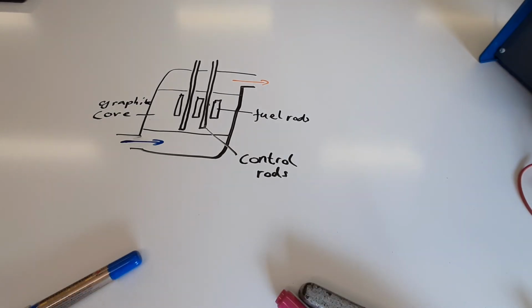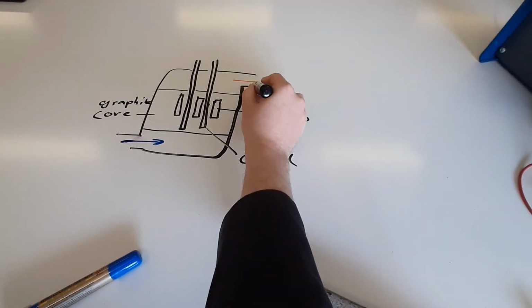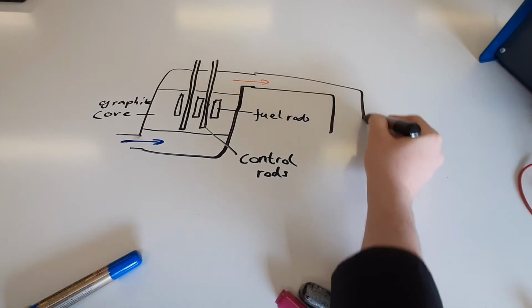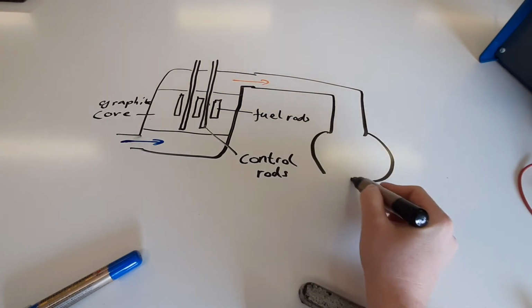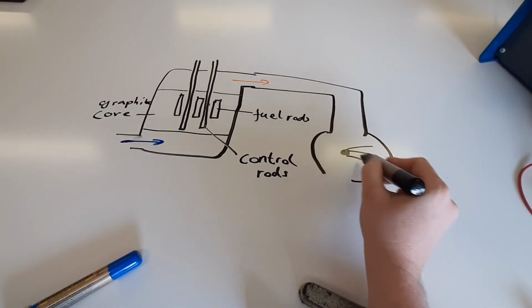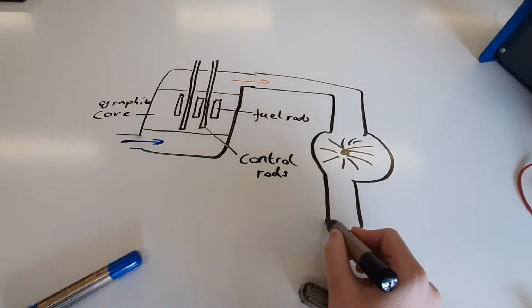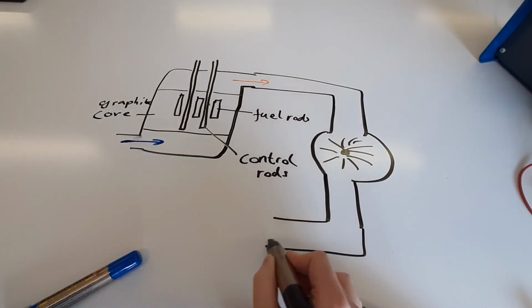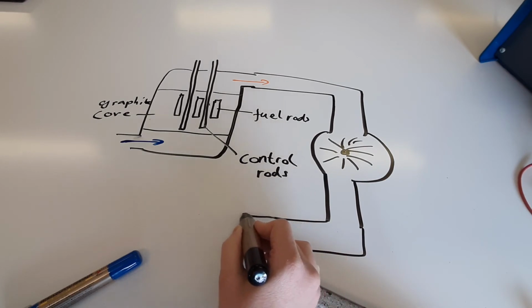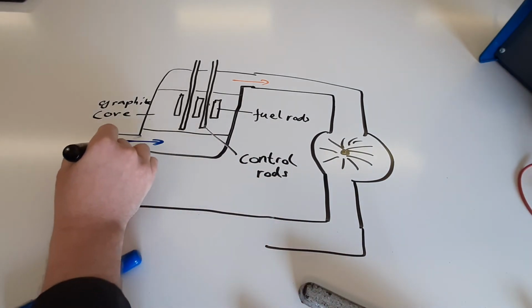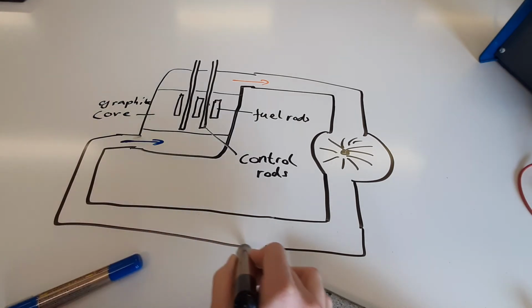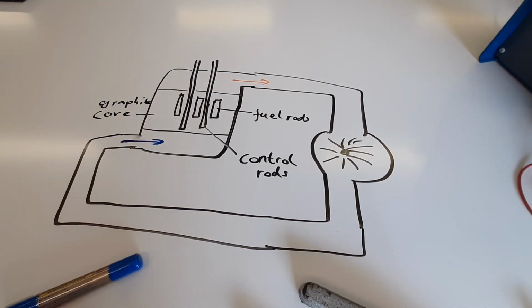What we have next is this hot water going off to a steam turbine here. Okay. And then we have another chamber here, which I'll draw in a second, actually. And that loops around. Okay. There's a couple of extra features you can have on this one.